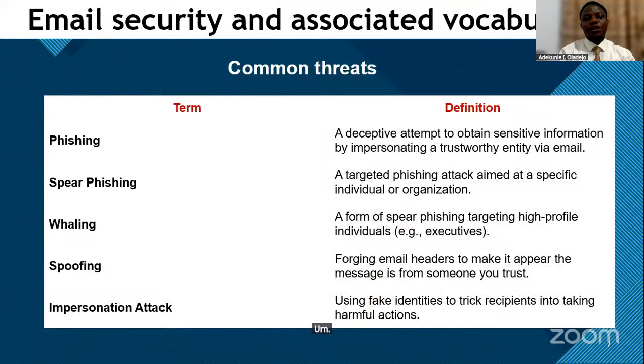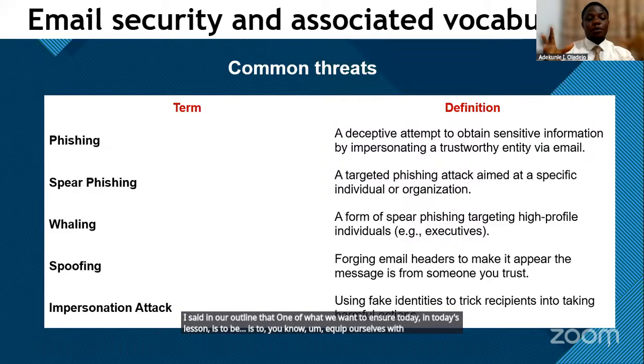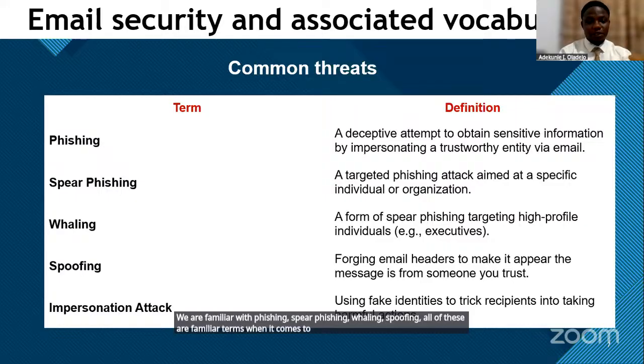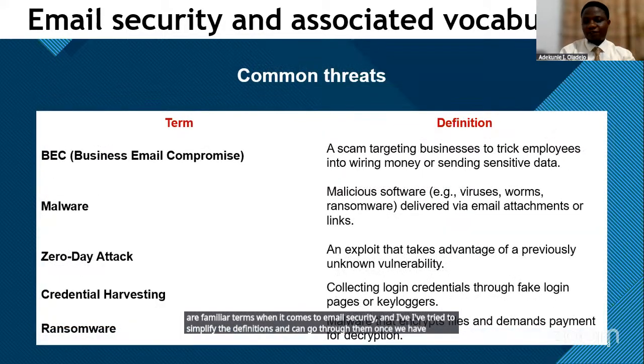What then are the common threats around email security? You recall I said in our outline that one of what we want to ensure in today's lesson is to equip ourselves with some vocabularies. We are familiar with phishing, spear phishing, whaling, spoofing. All of these are familiar terms when it comes to email security, and I've tried to simplify the definitions, and we can go through them at the end of the module.